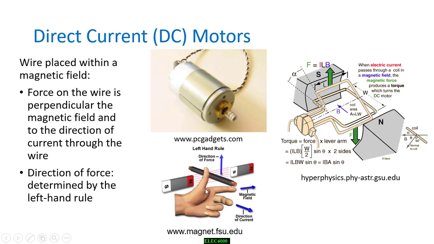The direction depends on the current flow, as you can see here from the left hand rule. The current is perpendicular to the magnetic field and the force direction. So if you change the direction of the current, it will change the force direction, or in other words, the spinning direction of the DC motor.